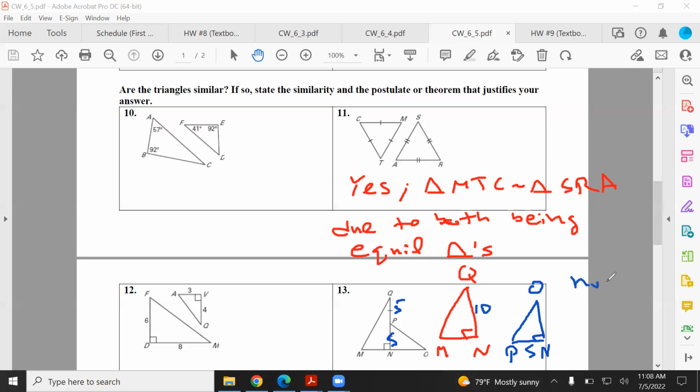Not enough info. So we're not sure. Yeah, that just doesn't tell us anything. So I have no idea for 13.